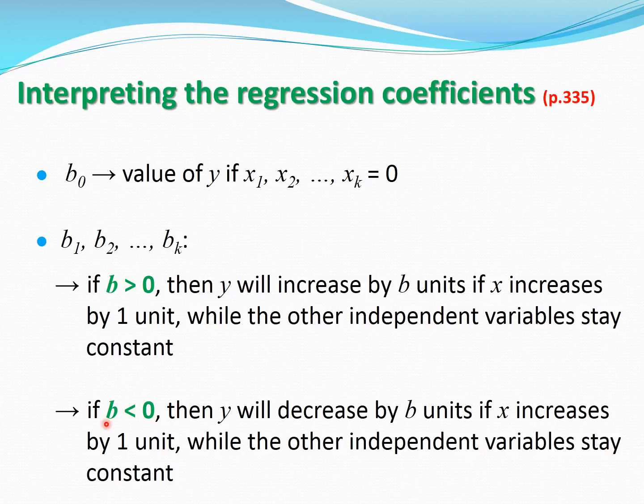But if your regression coefficient is negative, then your dependent variable will decrease by b units when your independent variable increases by 1 unit, while the other independent variables stay constant.